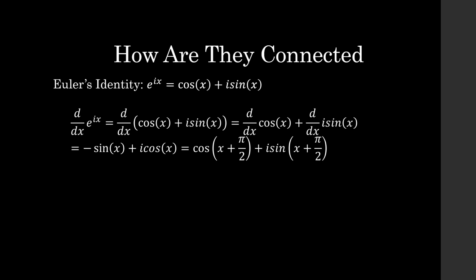Going over with the trigonometric identities, we get negative sine is cosine of x plus pi over 2, and cosine is sine of x plus pi over 2. Then we have this form, cosine of an argument plus i sine of an argument, which allows us to bring it back up into the exponential form, which indeed retrieves our delta value, our translation of pi over 2.